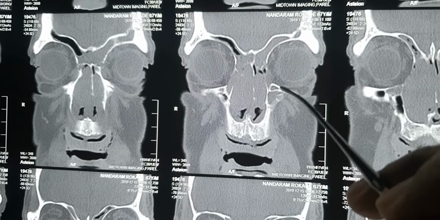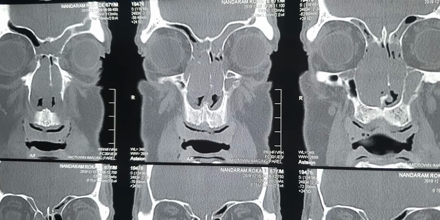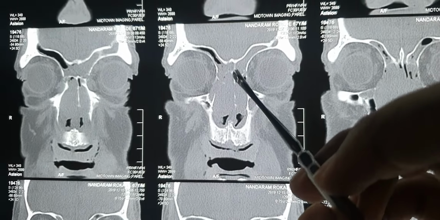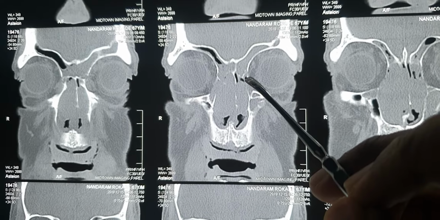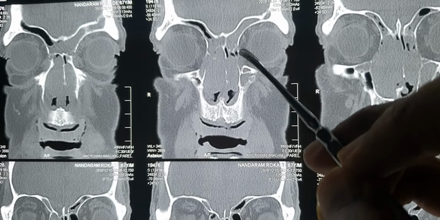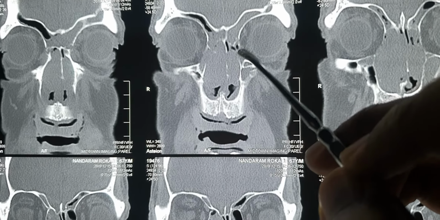The agger nasi cell is the anterior boundary of the frontal recess. Now, as I said, this is the beginning of the frontal recess. Very anterior to the frontal recess is the presence of the agger nasi cell.